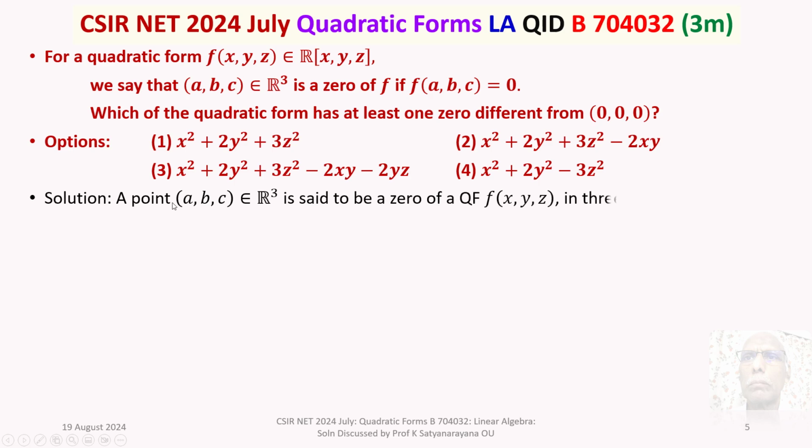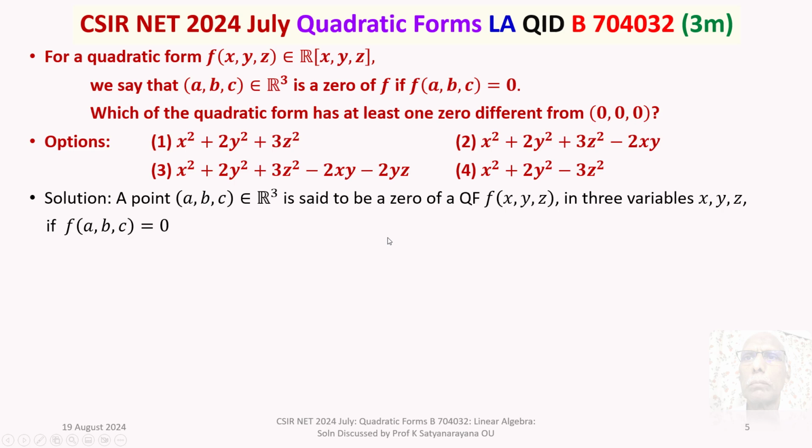A point in R cube, that is a triad (a, b, c) belonging to R cube, is said to be a zero of a quadratic form f of x, y, z in 3 variables if f of (a, b, c) is equal to 0.